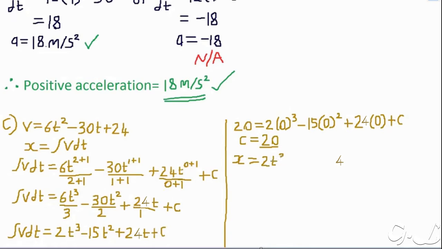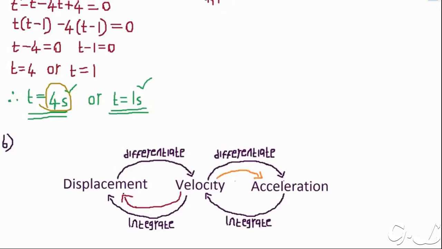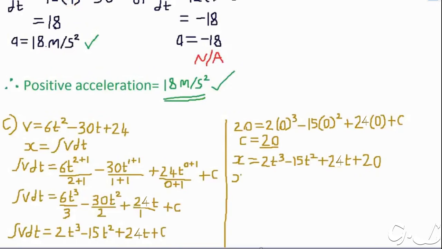Now let's try to find the d. At the time which we have to use to replace, it is that time which was giving us the positive acceleration. The time which was giving us positive acceleration was 4.